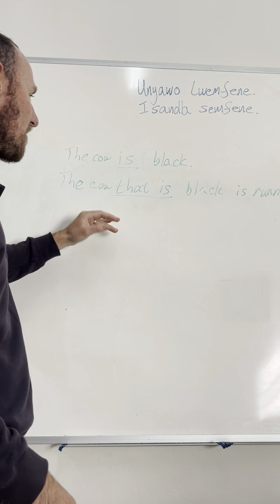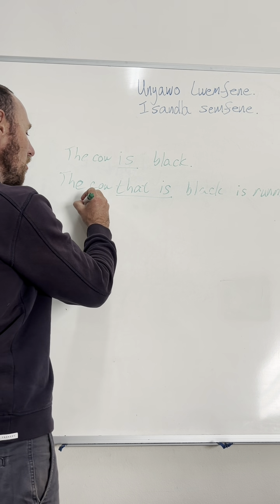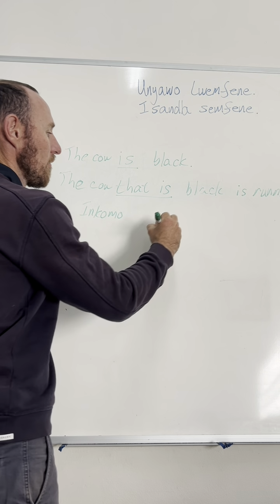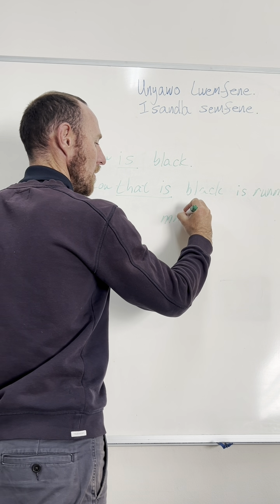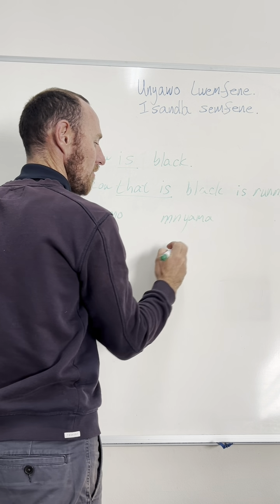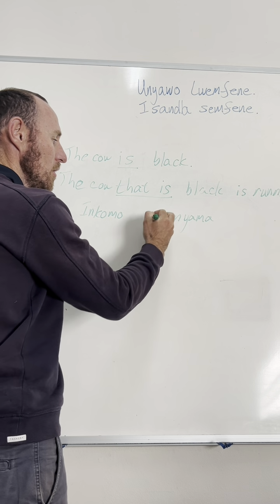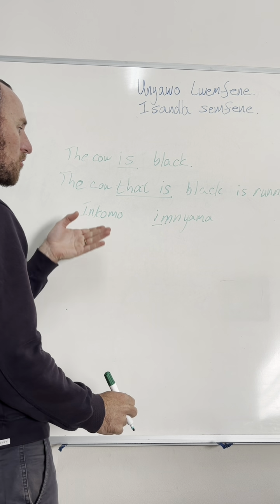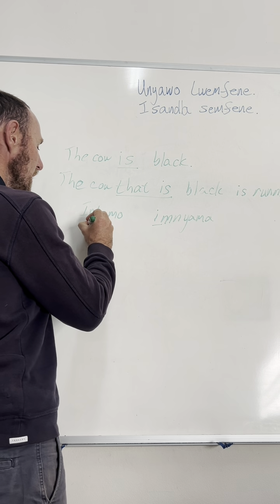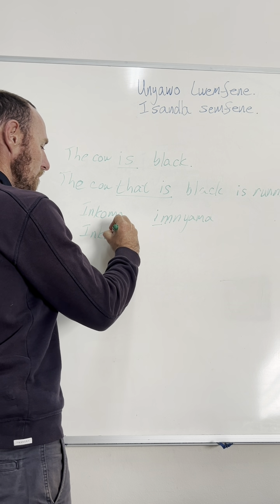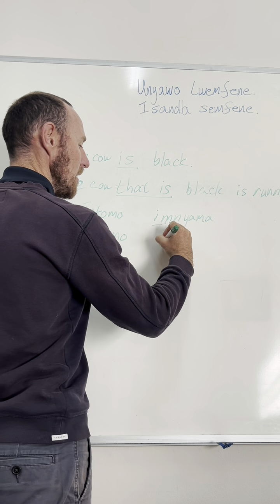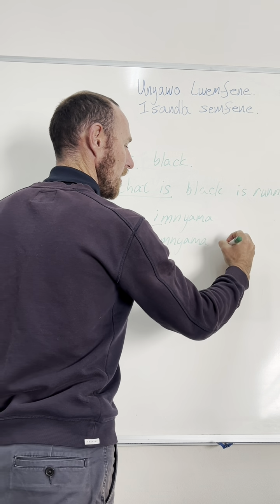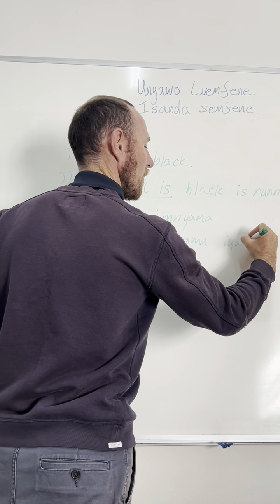Okay? In isiXhosa, how we would do this is inkomo, and then we would have mnyama over here as our adjective: inkomo i mnyama. Right? And that is our short form. Nice and simple. Our long form: inkomo, still got mnyama as our adjective, and is running, iya baleka.